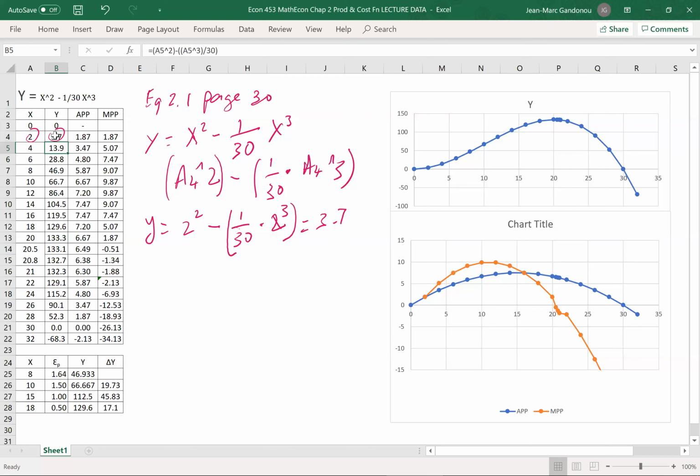Okay. When I've done that, I just go to my B4 cell and I drag it as far as I want. Okay, so that's what gives me those results here.